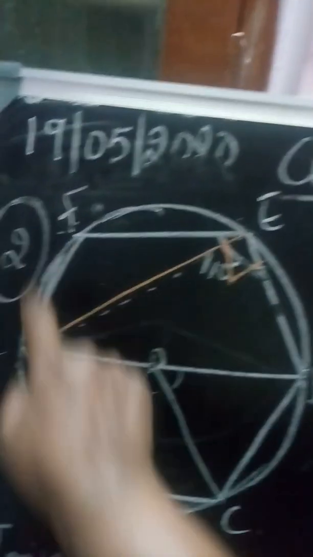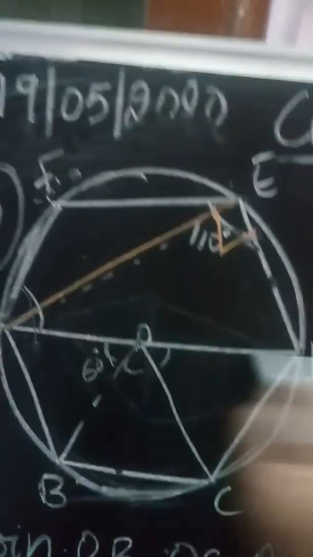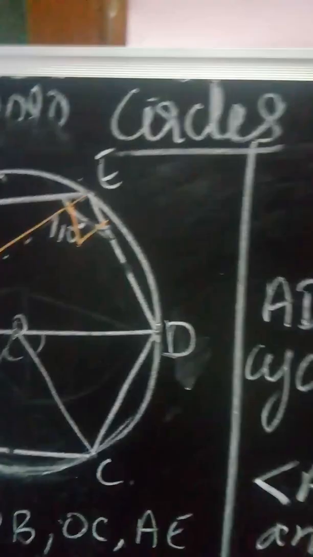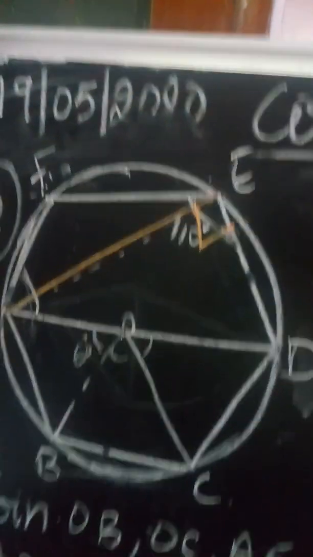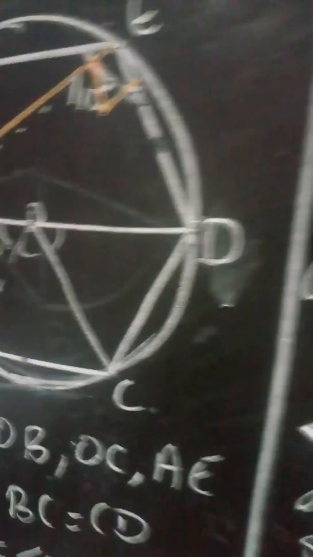Here in this cyclic quadrilateral, angle FAD will be the opposite angle, or supplementary.